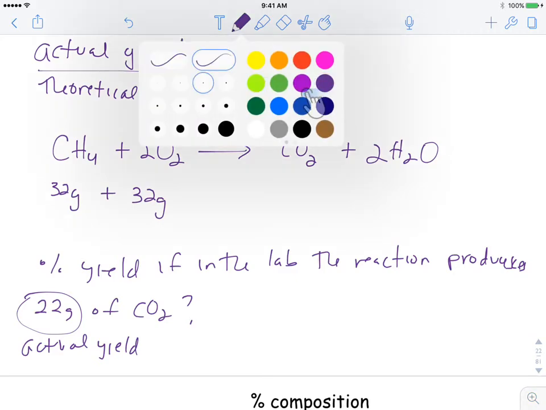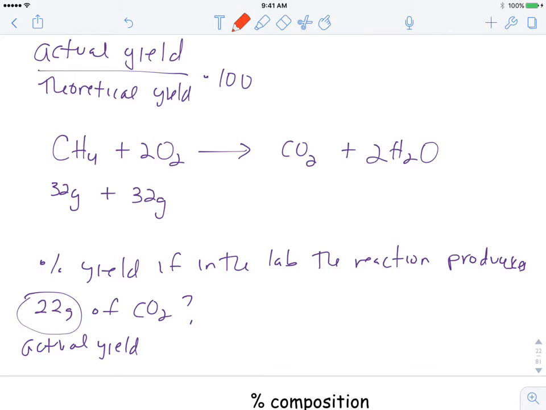In order to solve this problem, and we'll do that in red, you have to find the theoretical yield. And so if I have 32 grams of methane, I picked that on purpose, that would give me 2 moles of CH4. And if I convert the oxygen, that gives me 1 mole of O2.